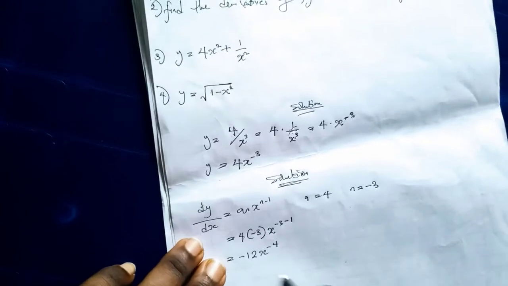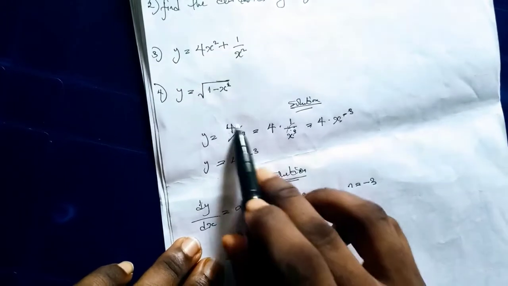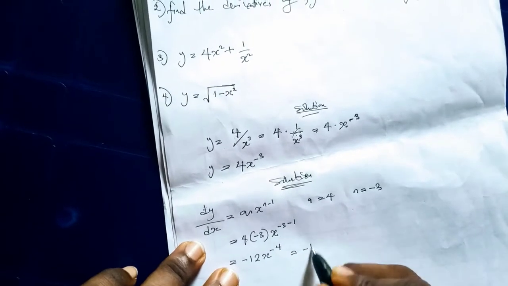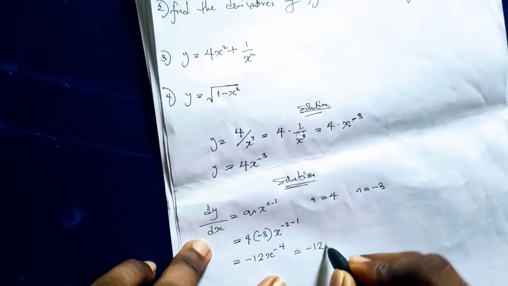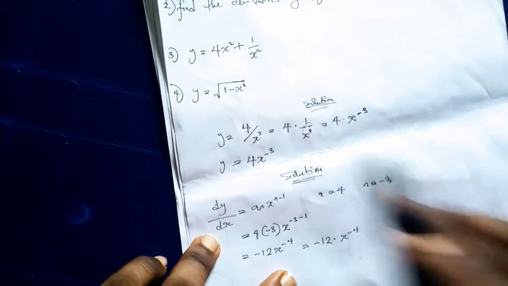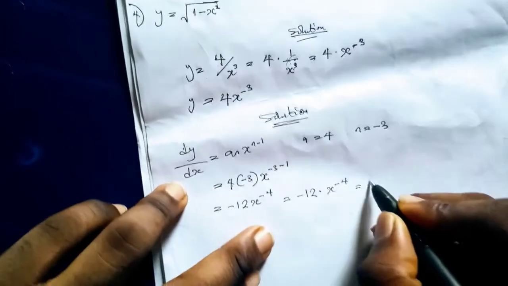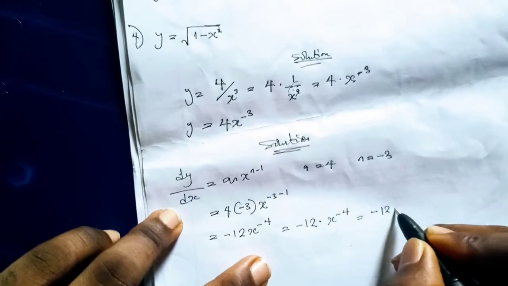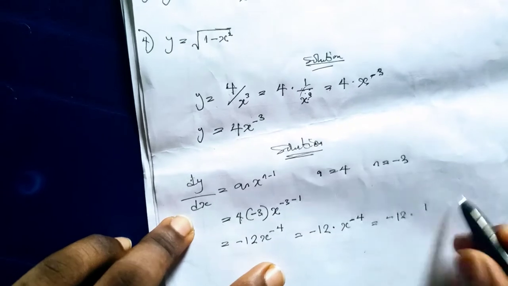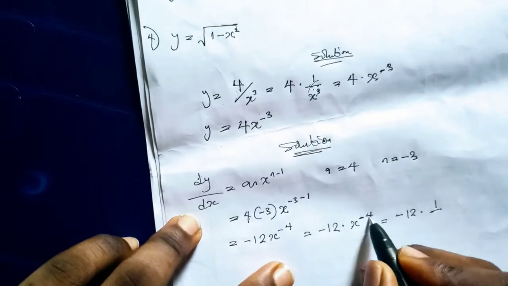And so we can rewrite this to look like this form by separating it again: negative 12 multiplied by x raised to power negative 4, which is what I did here. Then it's the same thing as saying negative 12 multiplied by 1 divided by x raised to power 4.